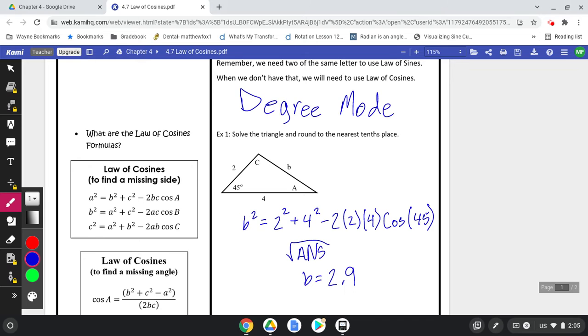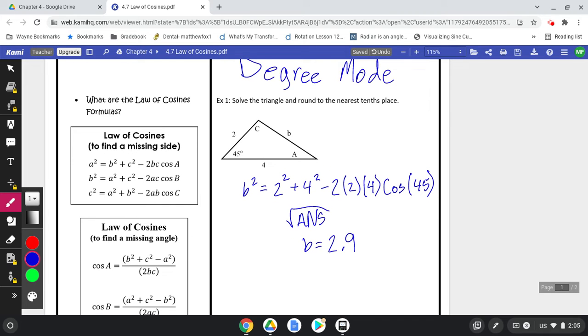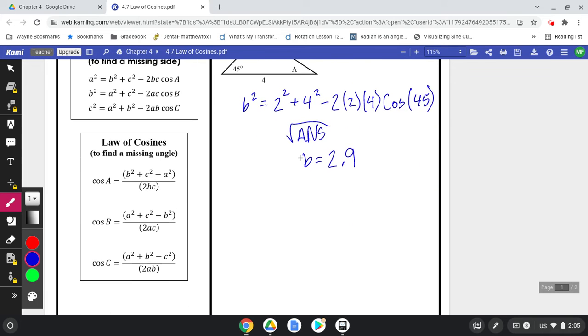Now, the reason this is important is now that we have a side, we are able to figure out what the other angles are that are missing. It doesn't matter which one we find first, A or C, but I usually go in alphabetical order, so let's find A. Now you'll notice these formulas in this box are to find a missing angle. There's 3 of them, but they are all these formulas from above just manipulated.